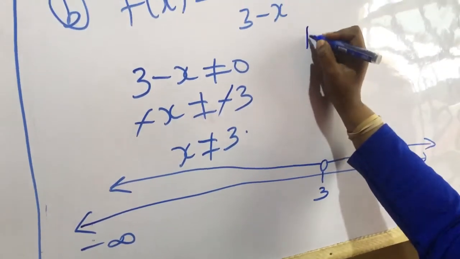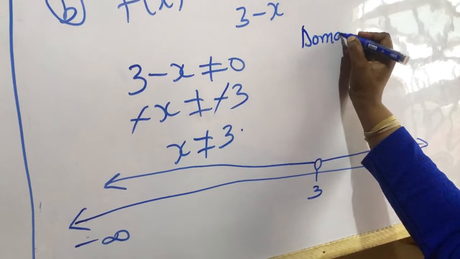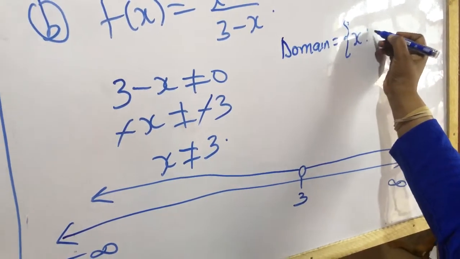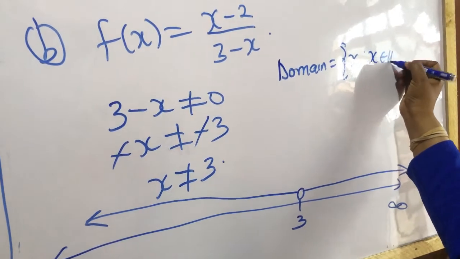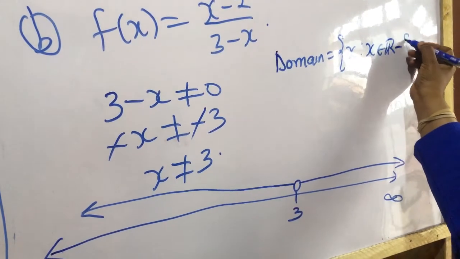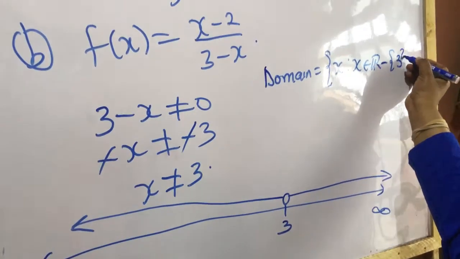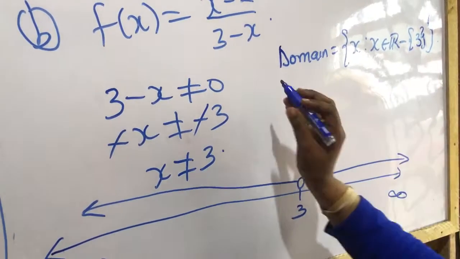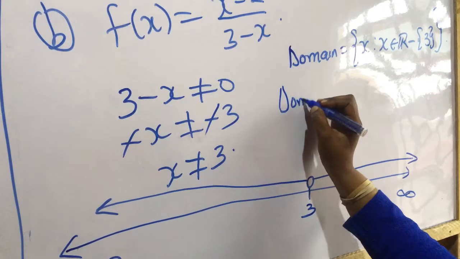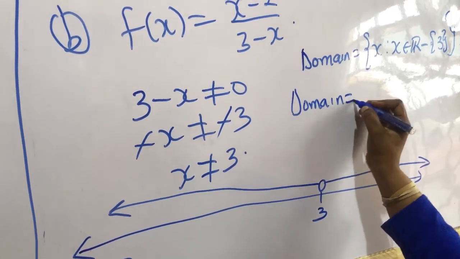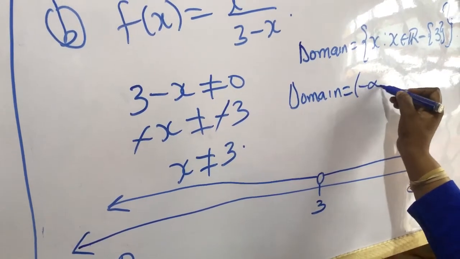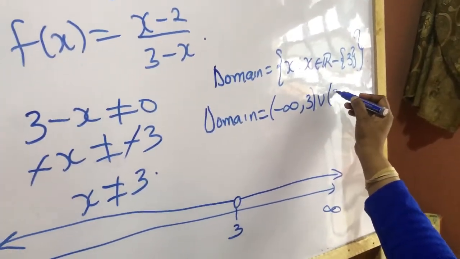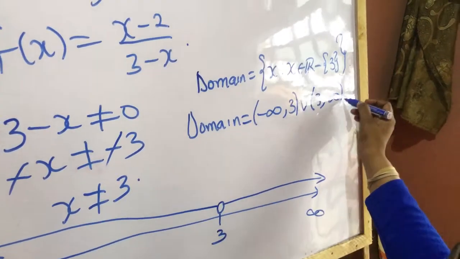So the domain will now be equal to x such that x is an element of real numbers minus 3. All other numbers can be plugged in except 3. The domain can also be expressed as negative infinity, comma 3, union 3, comma infinity.